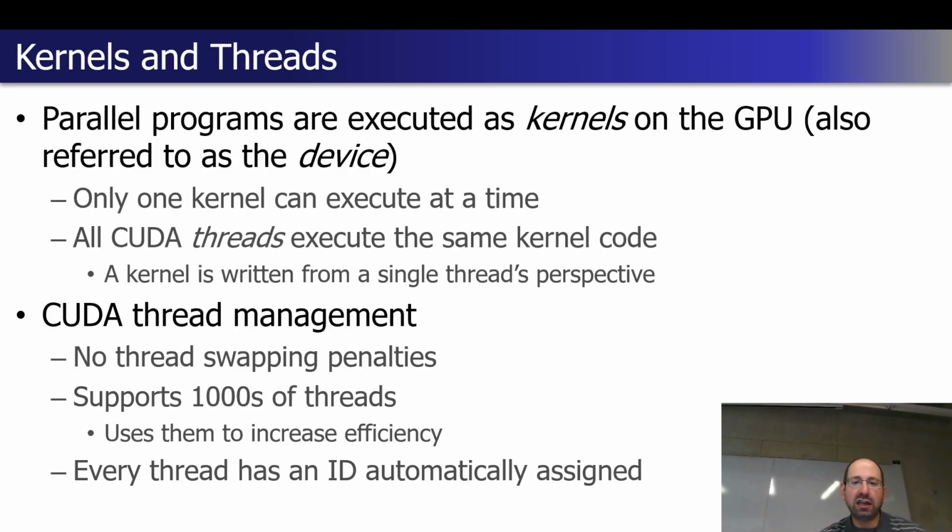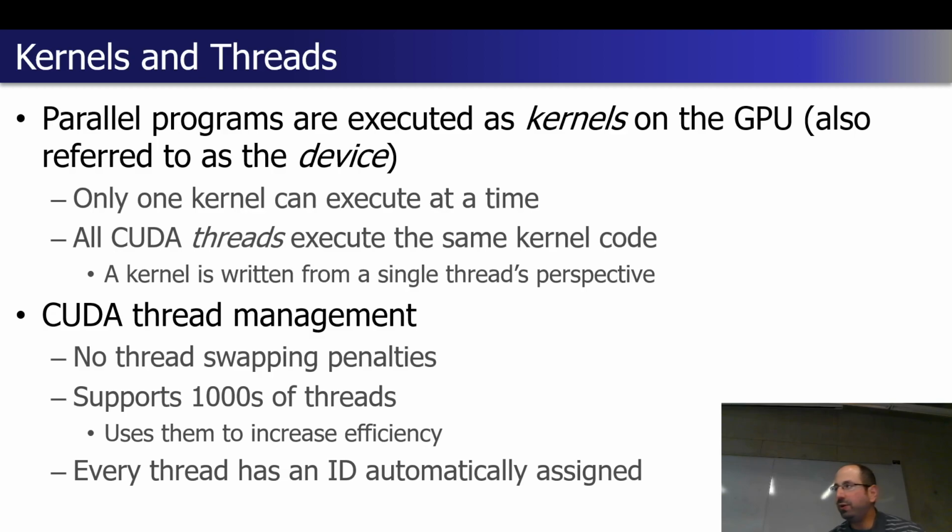Some of the terminology, and I've been using it a little bit all semester, so hopefully this doesn't sound that new today. This is the CUDA terminology. A parallel program is executed as kernels. Kernel is not a term they invented; it refers to a standalone piece of logic, but those are what we refer to as what's being executed on the GPU at a given time.